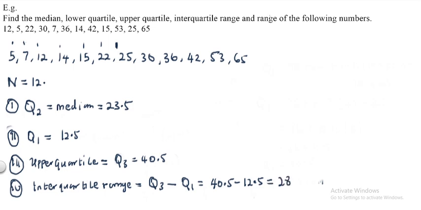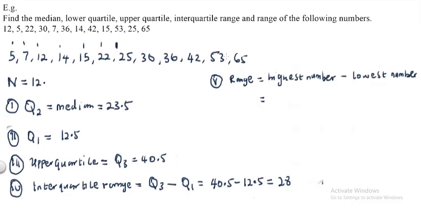For the last one, we are asked to find the range of the numbers. The range would be the highest number minus the lowest number. The highest number here is 65, and the lowest number here is 5. 65 minus 5 is equal to 60.